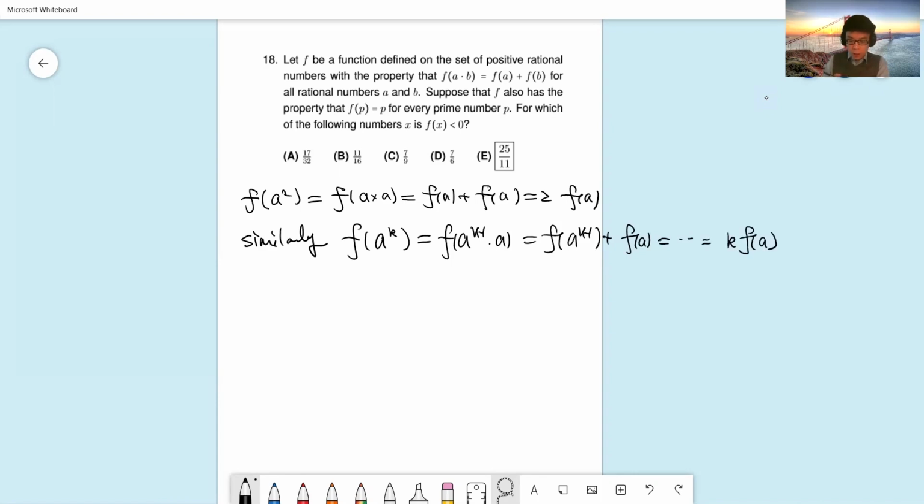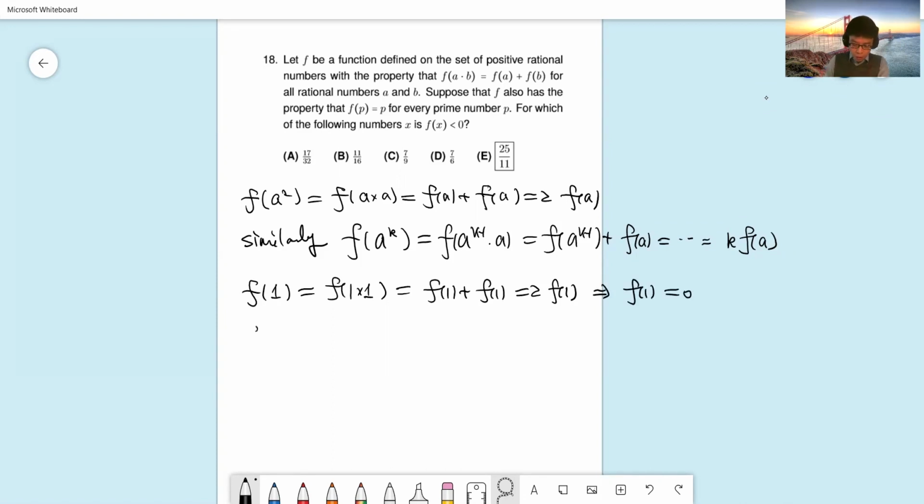Next, let's plug in some special numbers. Say f(1), because 1 times 1 is 1. f(1) equals f(1 times 1) equals f(1) plus f(1), which is 2f(1). f(1) equals 2f(1). That means f(1) must be equal to 0.